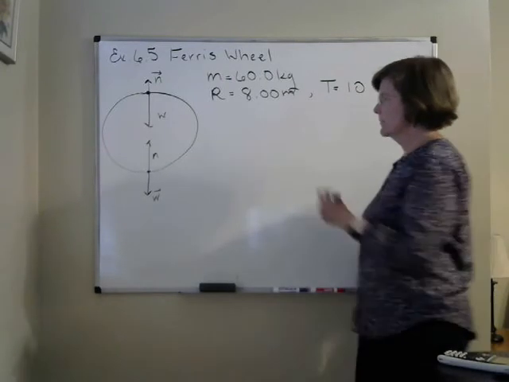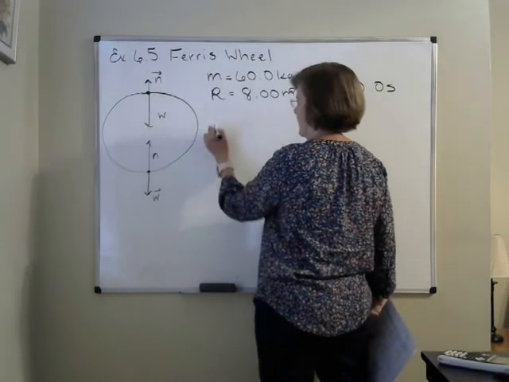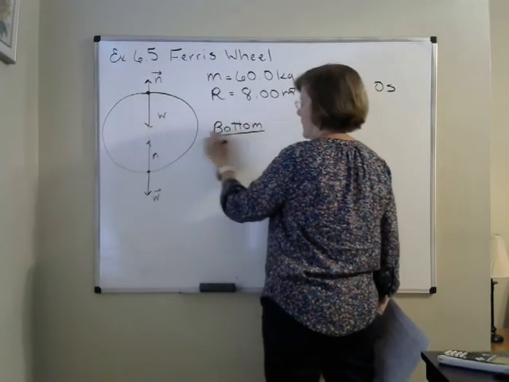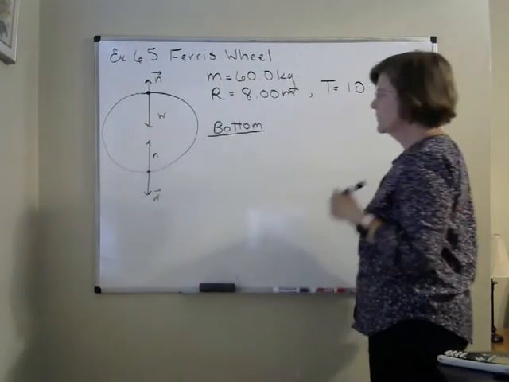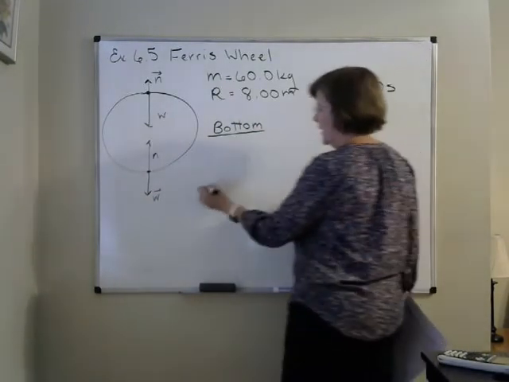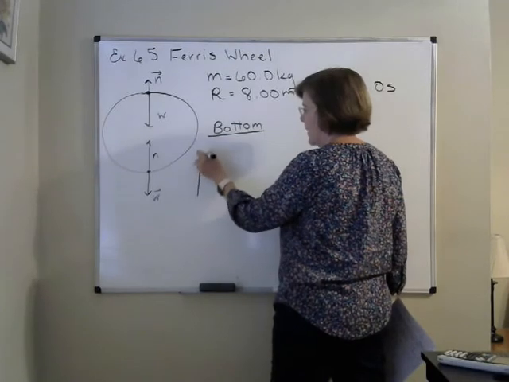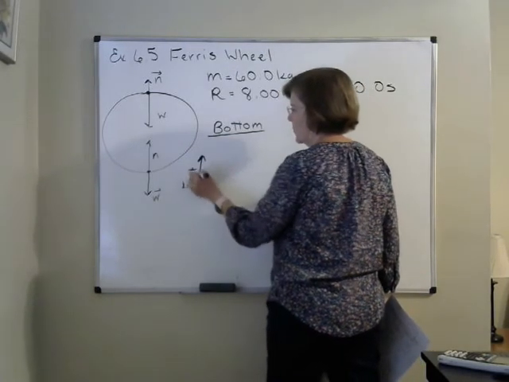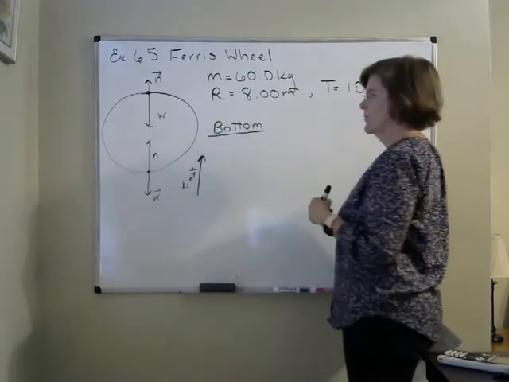Let's look at the bottom first. Always, ideally, we should draw a free body diagram. We know at the bottom, the net force points up because it's pointing towards the center of the circle.